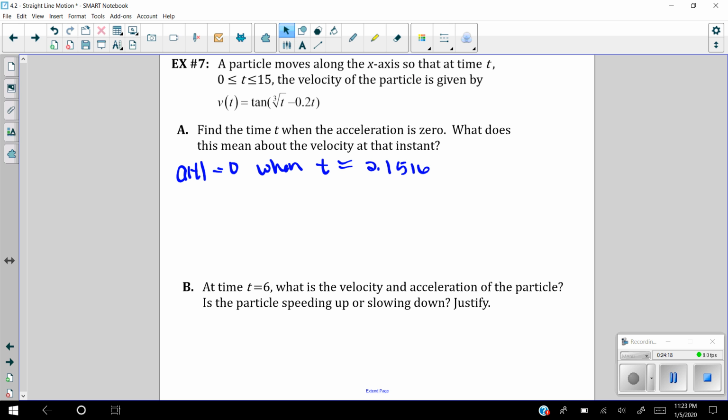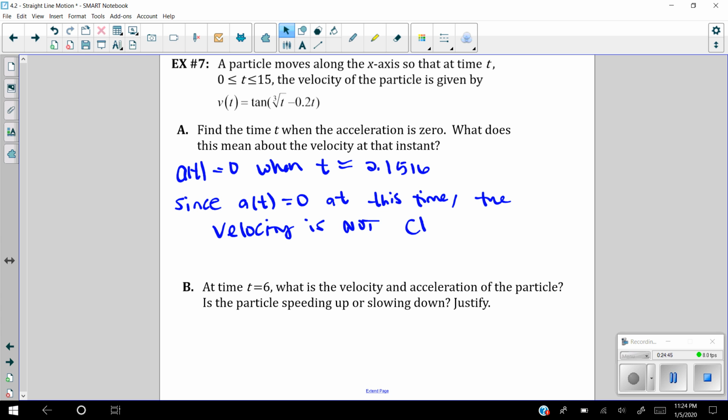It says, what does this mean about the velocity at this instant? So when the acceleration is 0, velocity is not changing. It's constant. So since acceleration is 0 at this time, velocity is not changing.